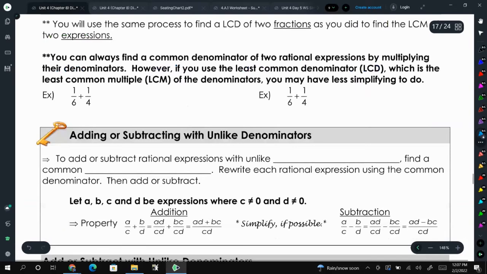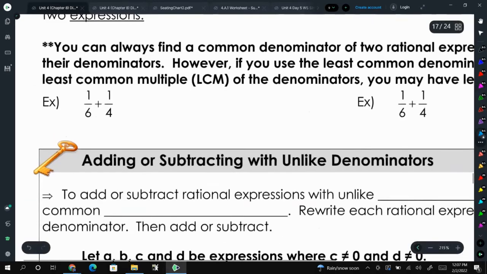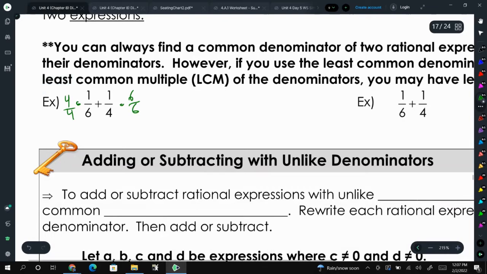So down here, let's add these two expressions. And I mentioned this before, that if you're unsure, you could always multiply the top and bottom of one fraction by the denominator of the other fraction.